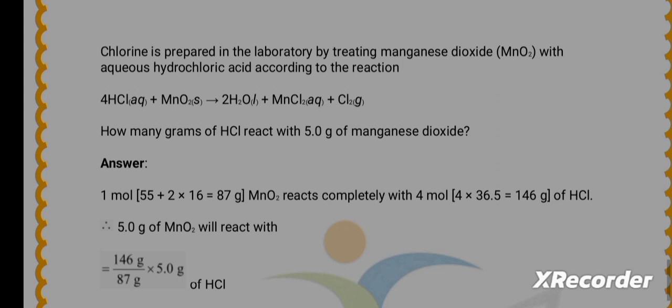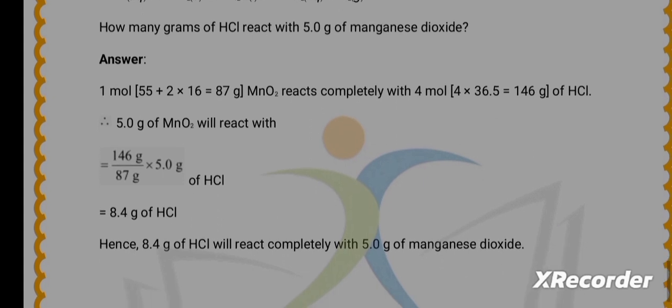So your manganese dioxide weight is 5 gram. तो आपने यही तो पता करना है बच्चे कि 5 ग्राम मैंगनीज डाइऑक्साइड किसके साथ करेगी. सो इट कम्स आउट टू बी 146 डिवाइडेड बाय 87 मल्टीप्लाई बाय 5 एंड इट कम्स आउट टू बी 8.4 ग्राम ऑफ HCl.